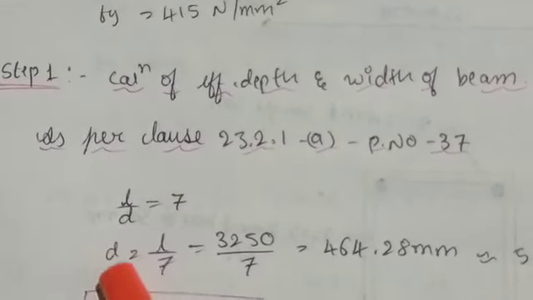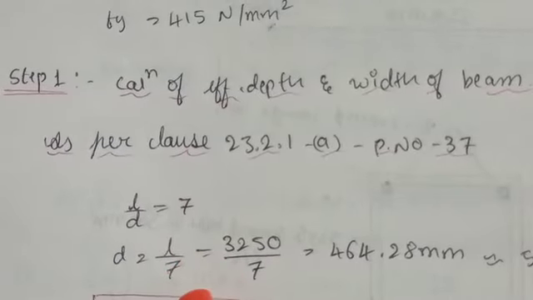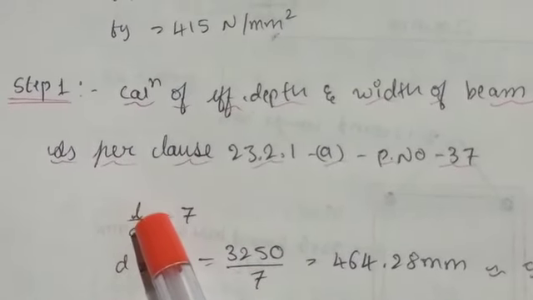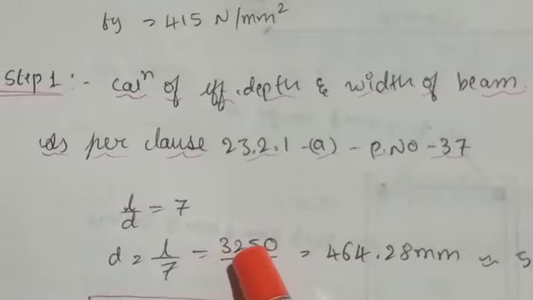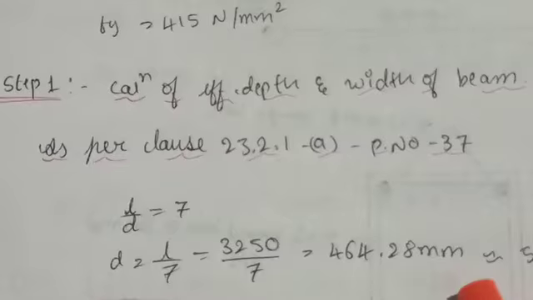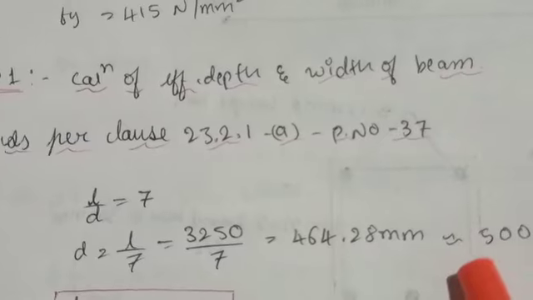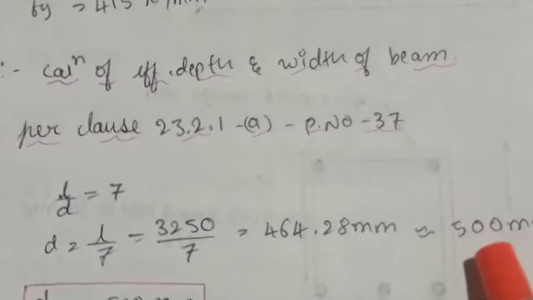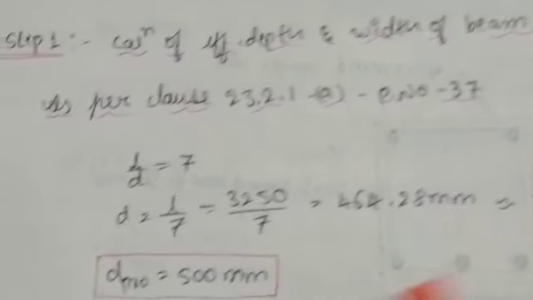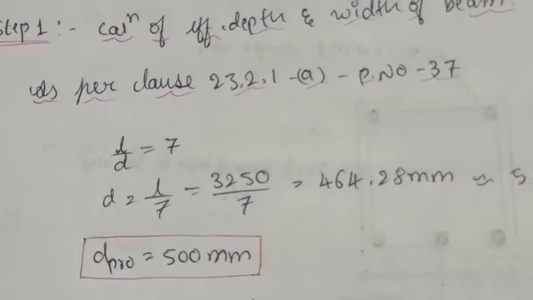Moving D to here, D is L divided by 7. Clear span 3250 divided by 7, we'll get 464.28 mm. I am making it an approximate value, that is 500 mm. So our D provided is 500 mm.